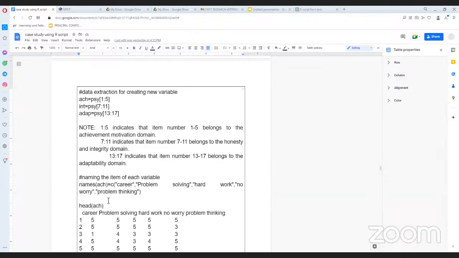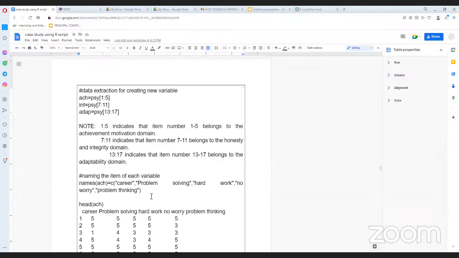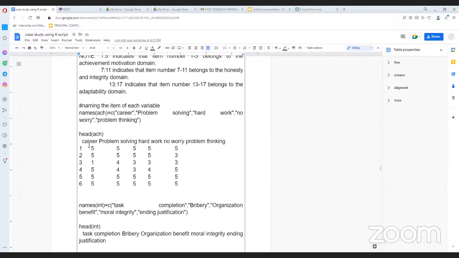Within this data frame, these are the variable names I have given. First is career, second problem, third problem solving, hard work, and whatever comes to your mind, problem thinking. Whenever I write head(ACH), I get it this way.